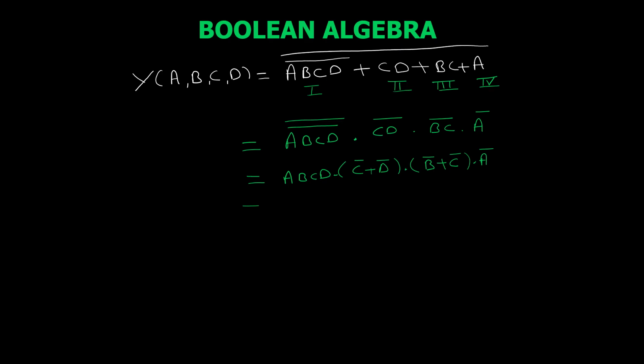Now that will be equal to a, b, c, d. This is b actually. So open this bracket. Multiply this a with all the terms and open the bracket. So we'll get c bar plus d bar. Open the bracket and just take this here. So we'll get a bar b bar plus a bar c bar.